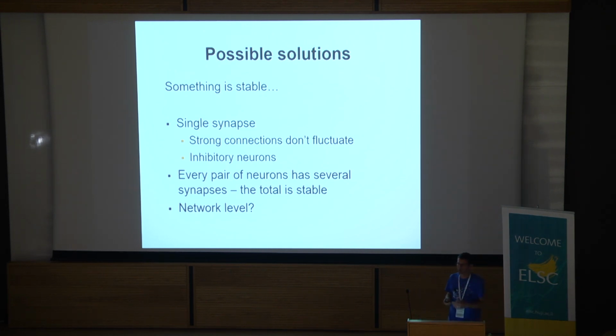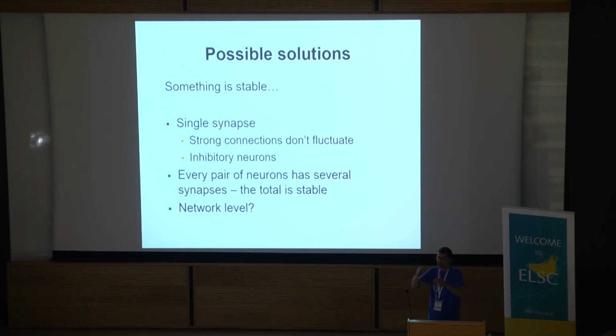And work from Gianluigi Mongillo and Jonathan showed why this could be an explanation for stability of memory. It's also possible that individual spines are not, in a sense, the functional unit. Because if you think of the connection between two neurons, in most cases there is more than one spine or more than one synapse connecting two neurons.